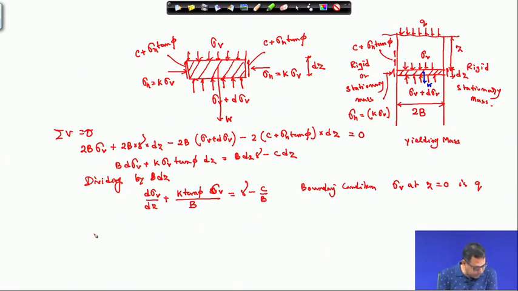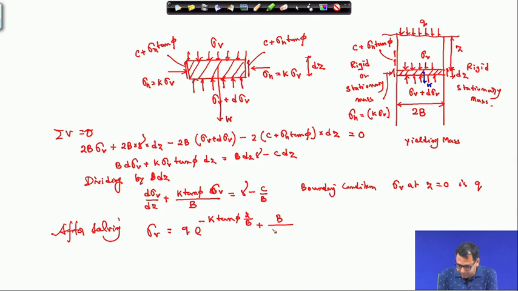After solving with the boundary condition, you will get sigma v equal to q e to the power minus k tan phi z by b, plus b by k tan phi into gamma minus c by b into 1 minus e to the power minus k tan phi z by b.